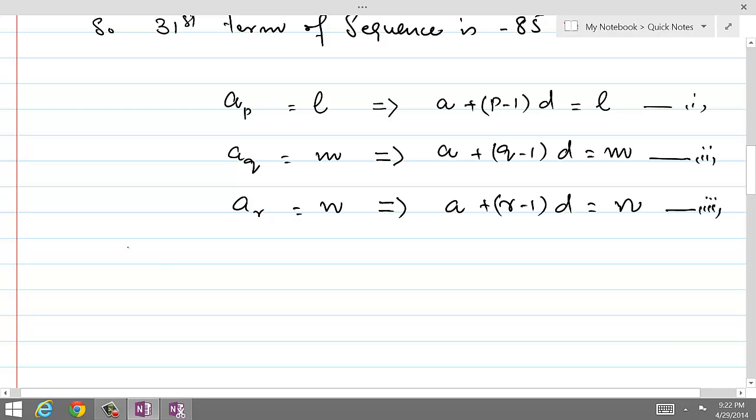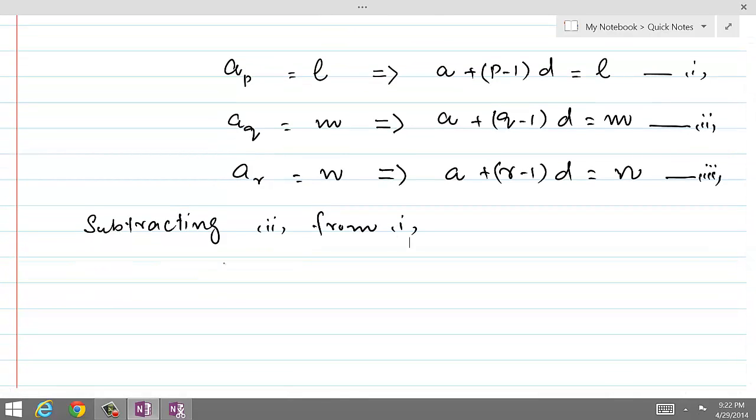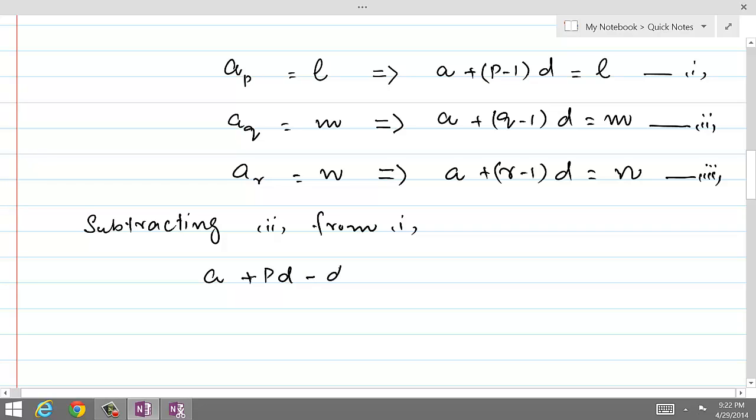That way we will be able to eliminate A. So subtracting 2 from 1, that should give us A plus PD minus D is equal to L, and this is A plus QD minus D is equal to M, and if we want to subtract, we have to change the signs.